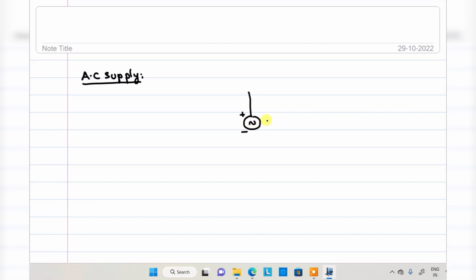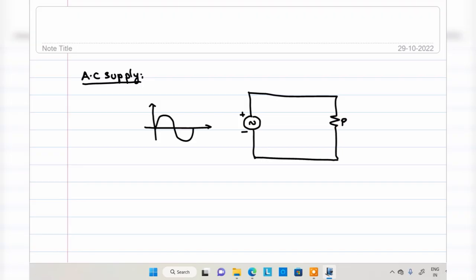In the positive half cycle, this waveform is connected to the load. This is the load we have. In this particular case, the current direction I will be flowing like that, in the positive half cycle.